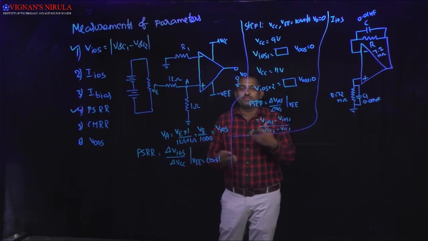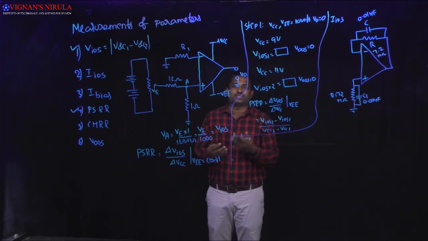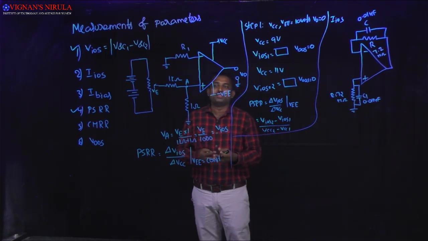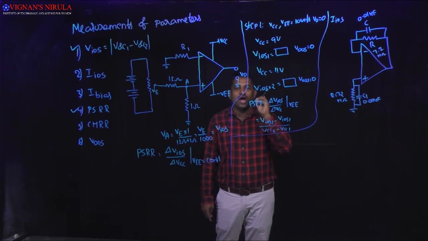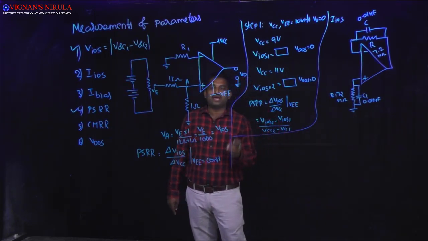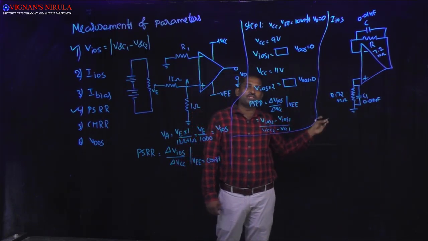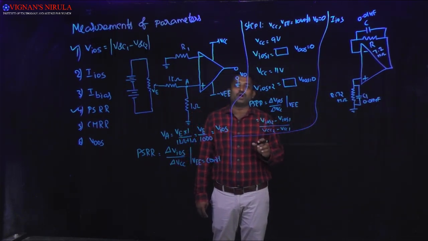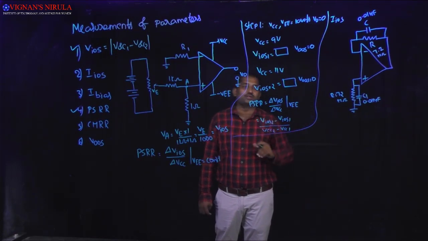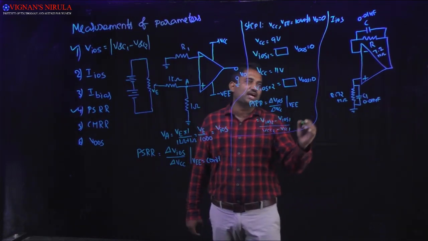But because of the mismatches at the input terminals of an op-amp, some amount of input current passes through the input terminals. So to make the output voltage 0, we have to remove this input offset current also. So what is input offset current?